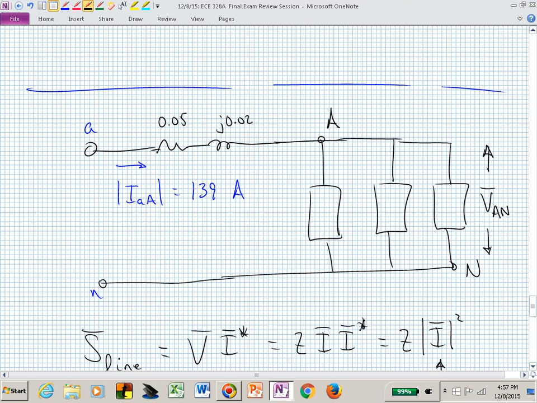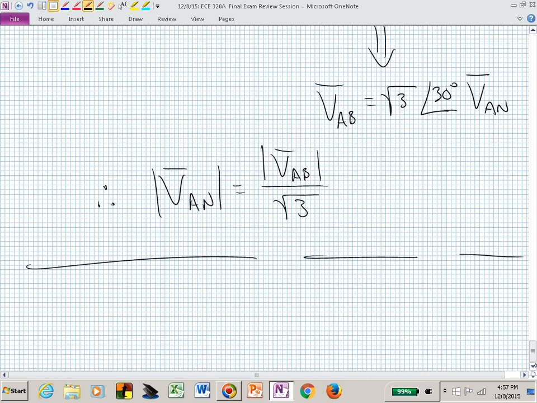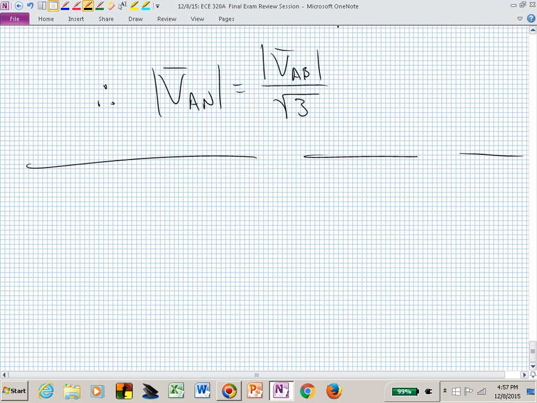It may not even exist if your load was delta connected. Then your phase voltage would actually be V sub capital A, capital B. And then you'd have to remember what your phase current is, and that's different than your line current in a delta connected load. Other questions?